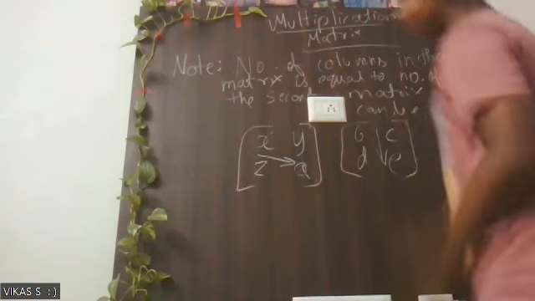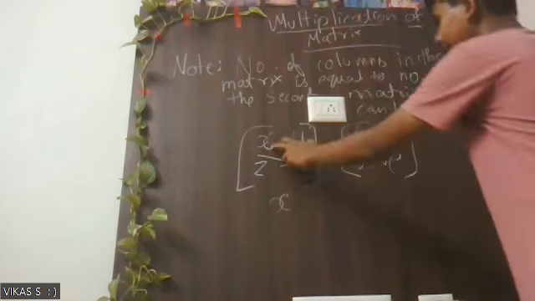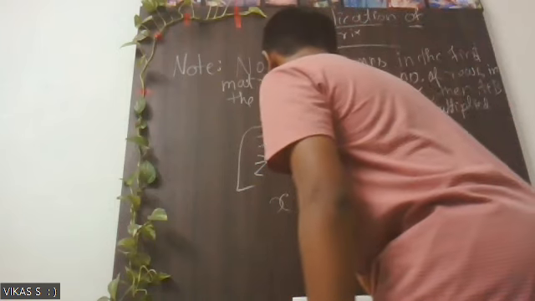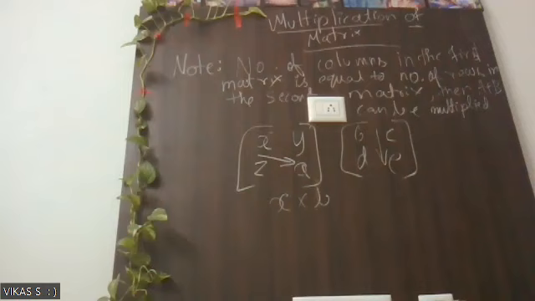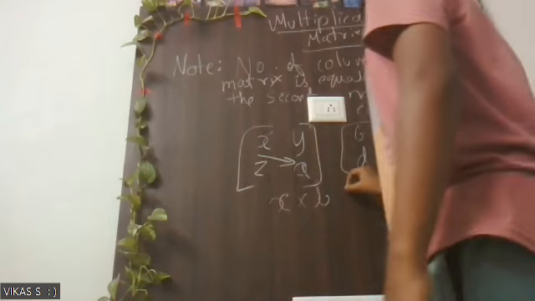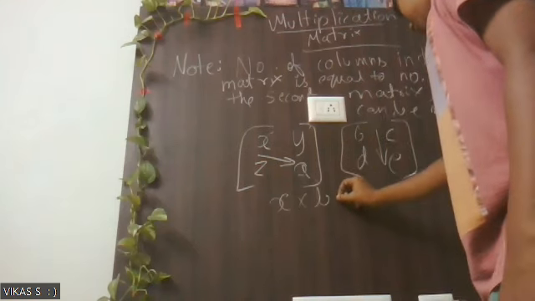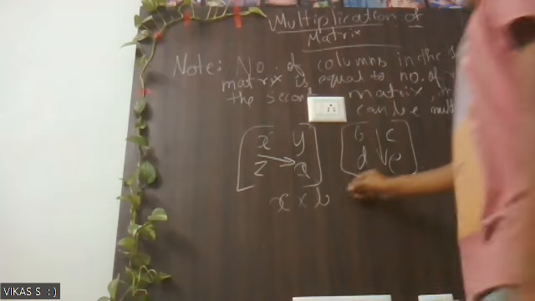This arrow indicates that it is X into B. Plus or minus is based on the sign which you have.